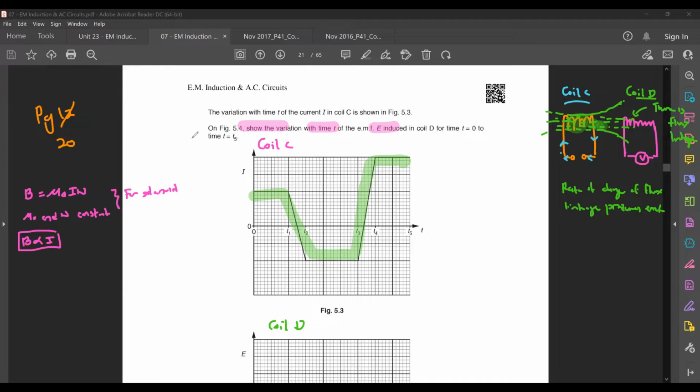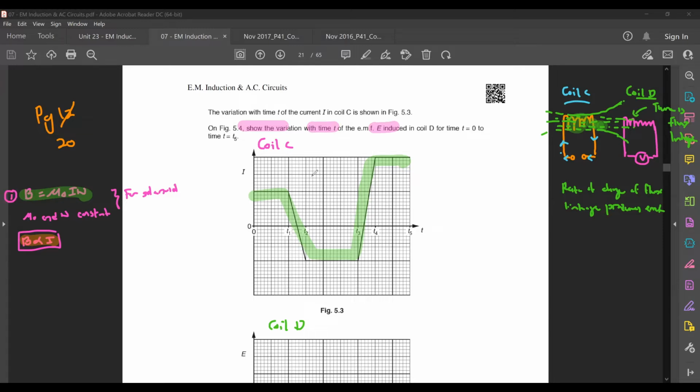This equation was given in your magnetic field chapter. I mentioned that this equation is not really required for you to memorize. It's just useful to know because it helps you to explain certain things. But let's just say you don't remember it, never mind. All you need to know is that flux density has a relation with current. The higher your current that runs through, the stronger your magnetic flux density, the stronger your magnetic field strength. So this is point number one.